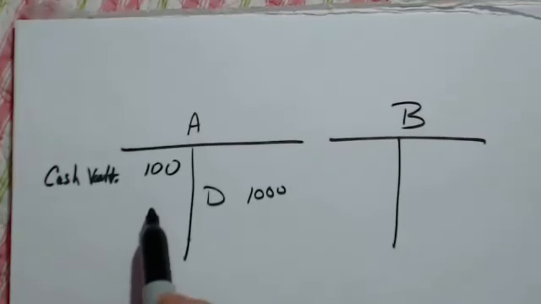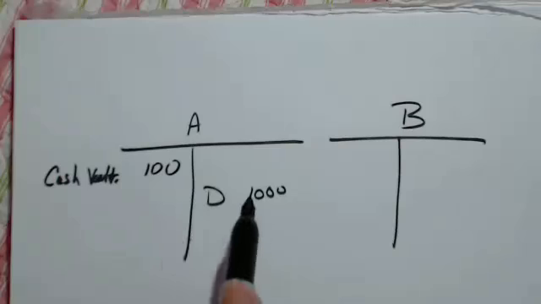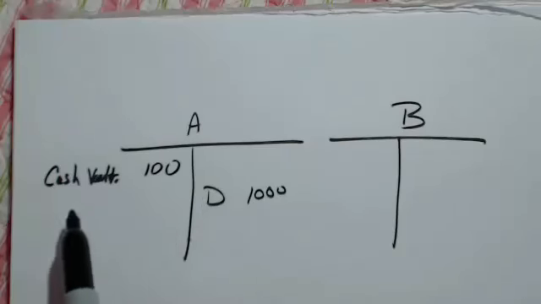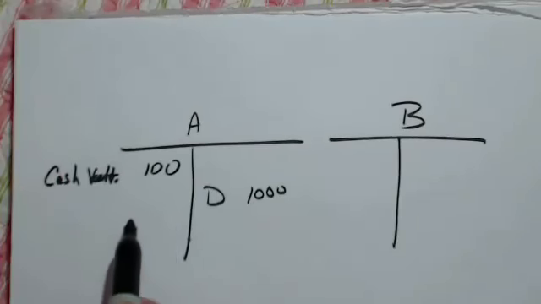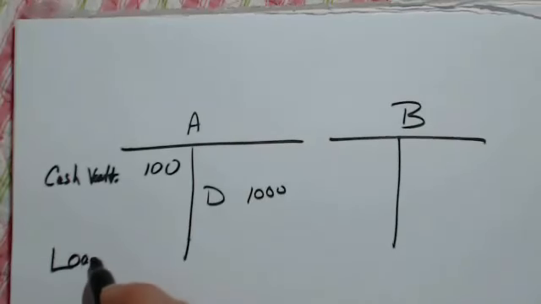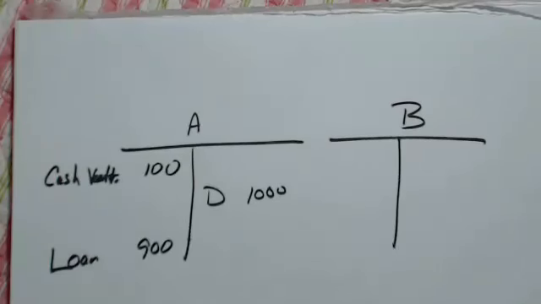Okay. Now, banks have a profit motive, so they're not going to want to hold on to much more cash in their vault because they're going to be losing the opportunity cost of money. So what they're going to do is they're going to loan out $900 of that in the market.